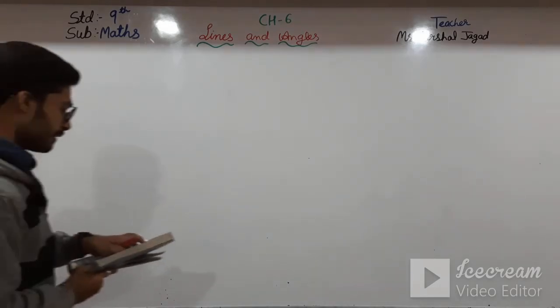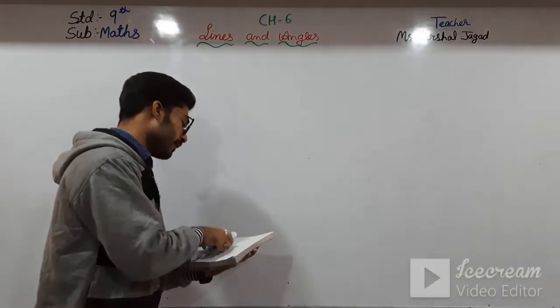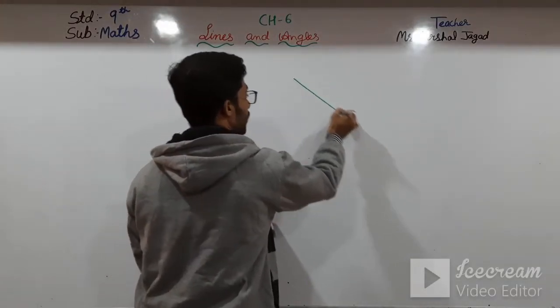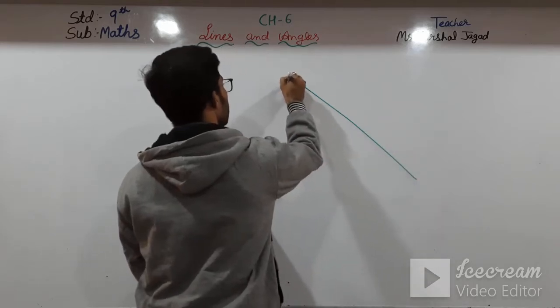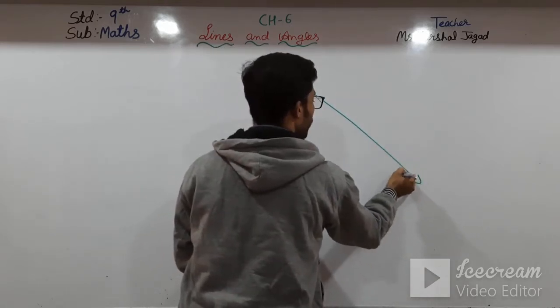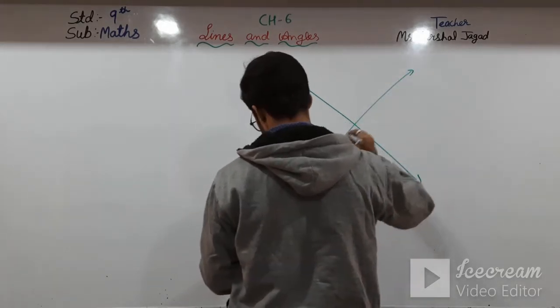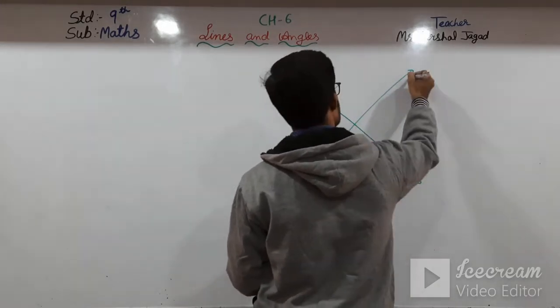Here, first of all, drawing a figure, a line PQ and RS. This is line PQ and this is line RS.